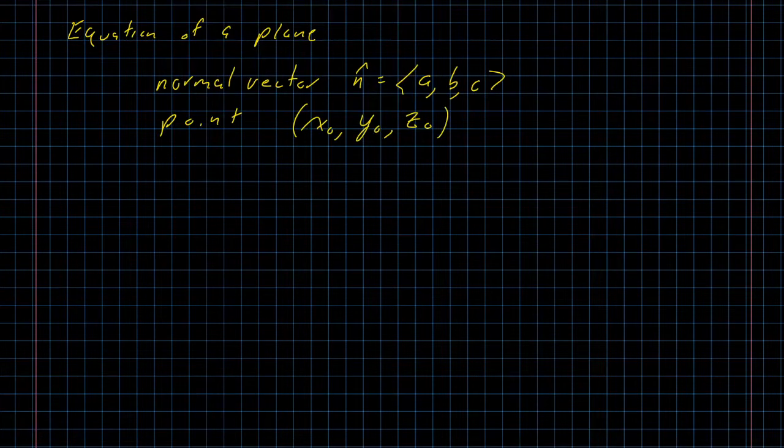And generally we want to name that normal vector n hat equals a, b, and c, and our point is going to be x naught, y naught, z naught.